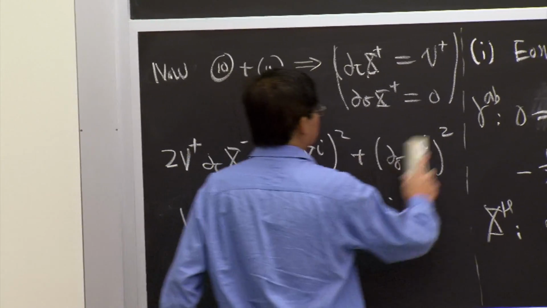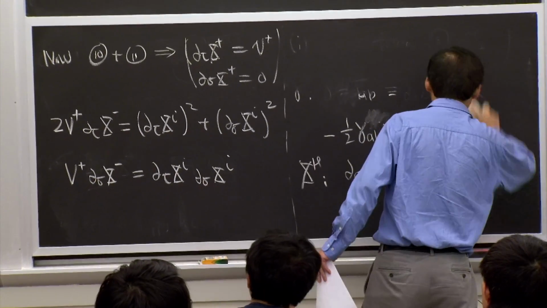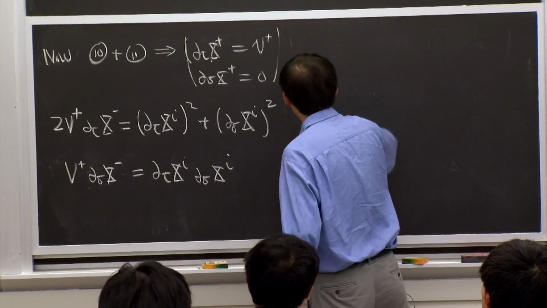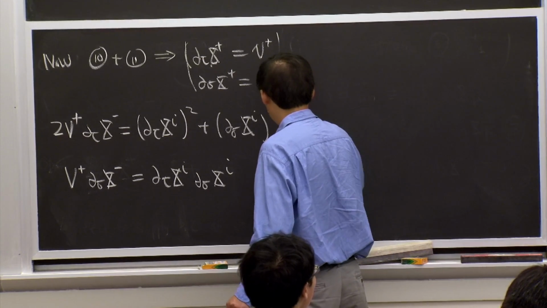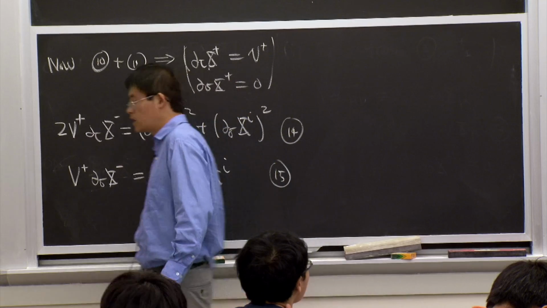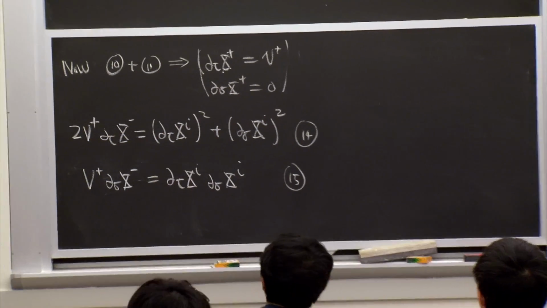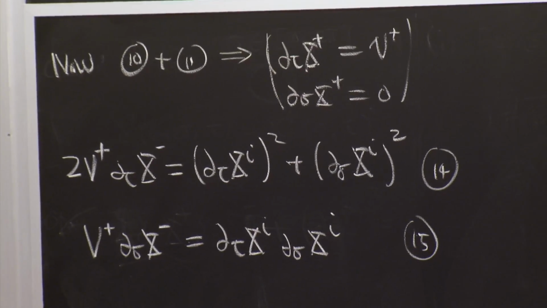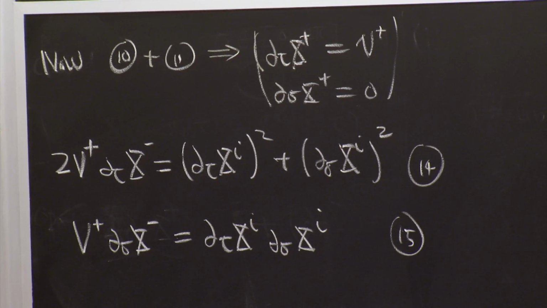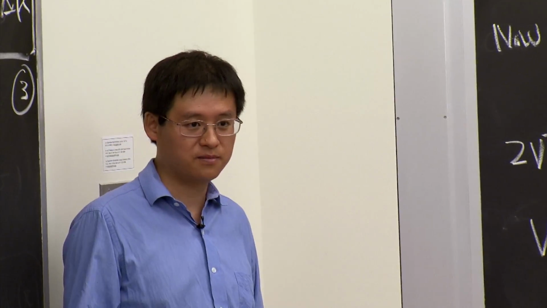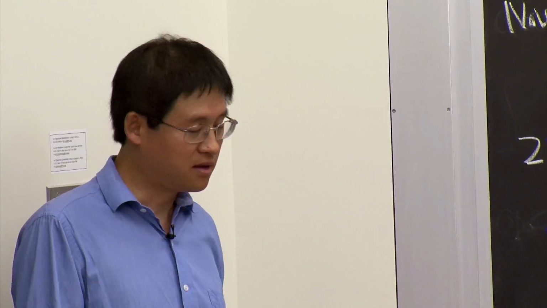Let me call this 14. This is 15. So is it clear to you, these equations? If it's not immediately clear to you, just check it yourself. I urge you to do the check, because then you will see the magic, and the beauty of this trick.